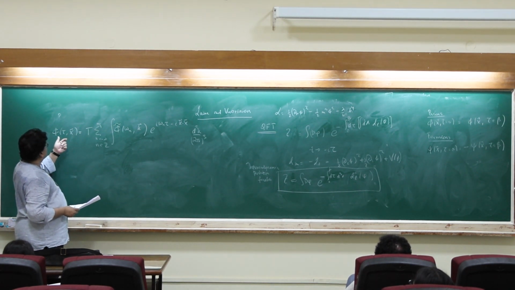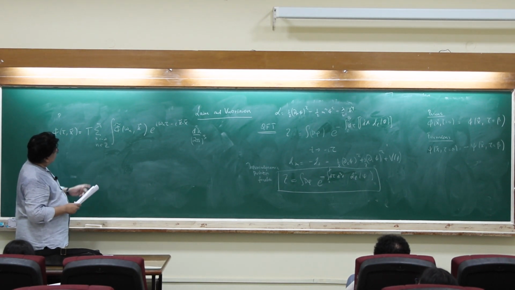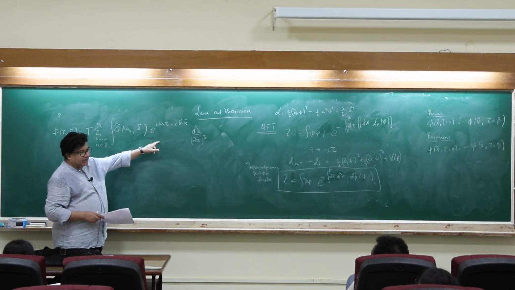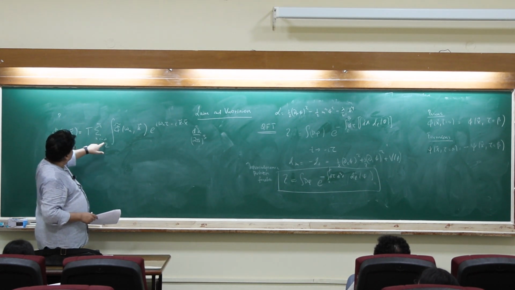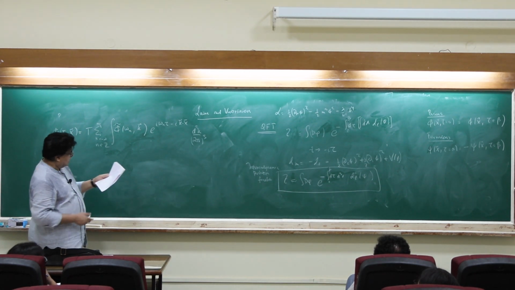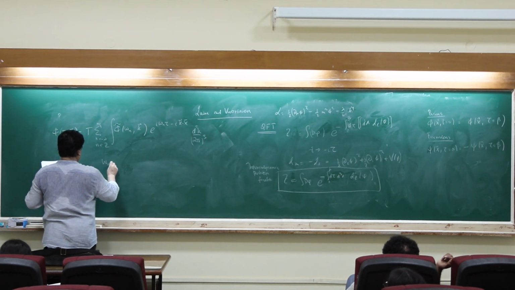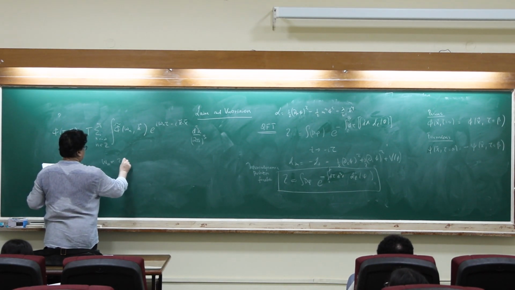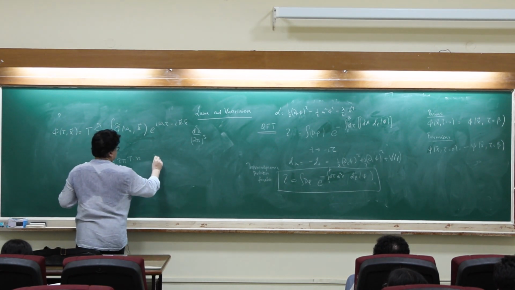This is how I define my Fourier transform, and normally I would have put an integral for the time variable from minus infinity to infinity, but I have done this because I want this condition to be satisfied, and that is only going to be satisfied if omega n is equal to 2 pi T times n, where n is an integer.